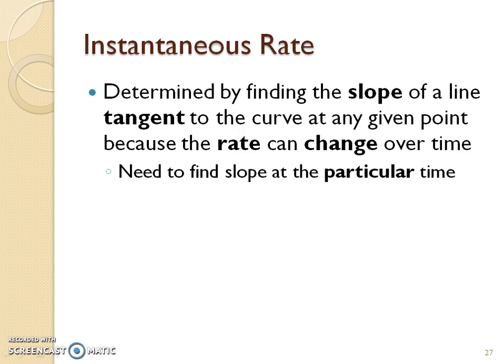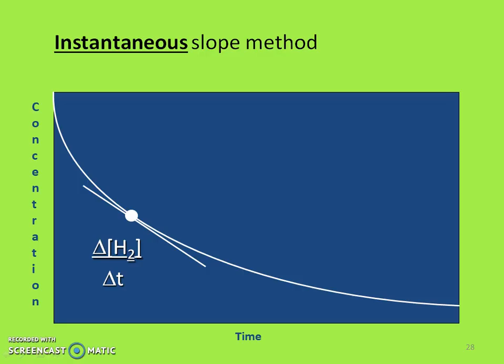But there is a thing called instantaneous rate, and that's determined by finding the slope of the tangent line, which you will never have to do. They will give that information to you, or they will give you a graph, or they will give you exactly where they want you to have those 2 given points to find the exact rate at an exact moment of that reaction. So instantaneous slope would be a tangent to this line, right?